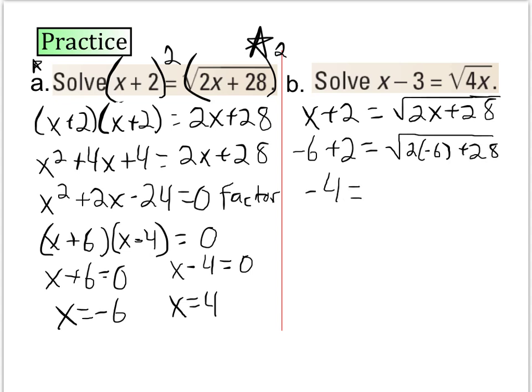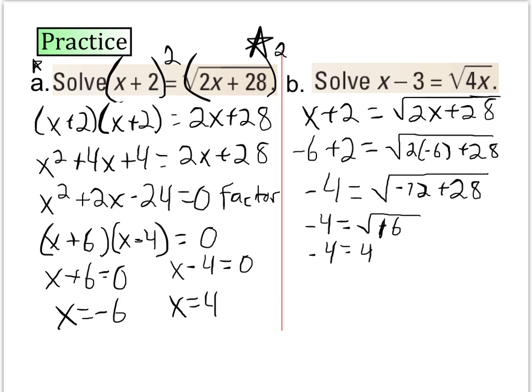On my left side, I'm going to end up with negative 4. And on my right side, under the radical, I'm going to have negative 12 plus 28. So I have negative 4 equals the square root of 16. We know the square root of 16 is 4, but negative 4 does not equal 4. So negative 6 is an extraneous solution.